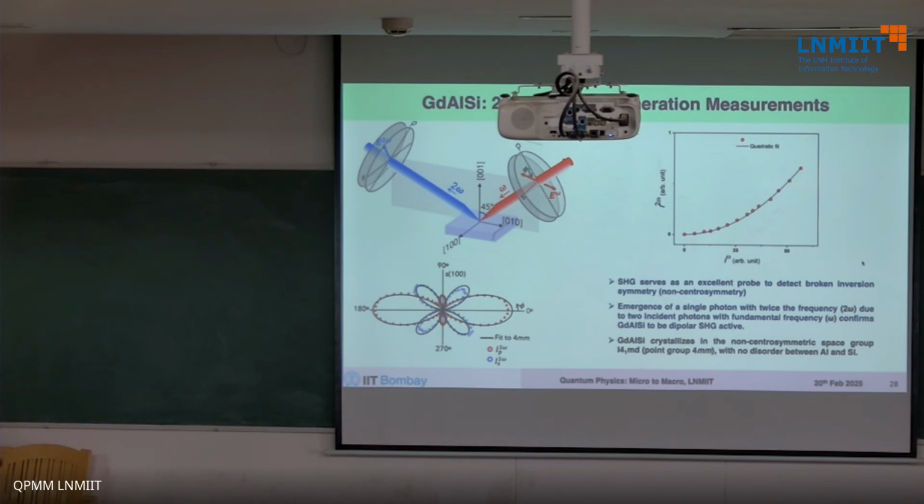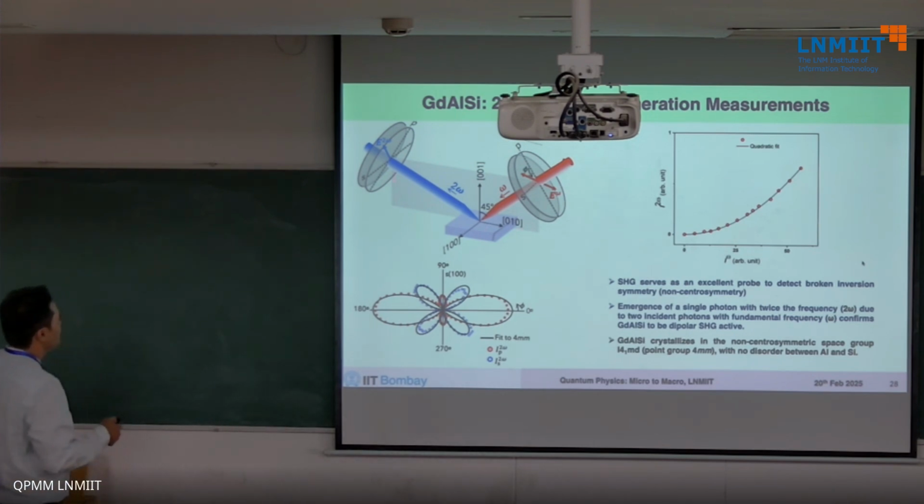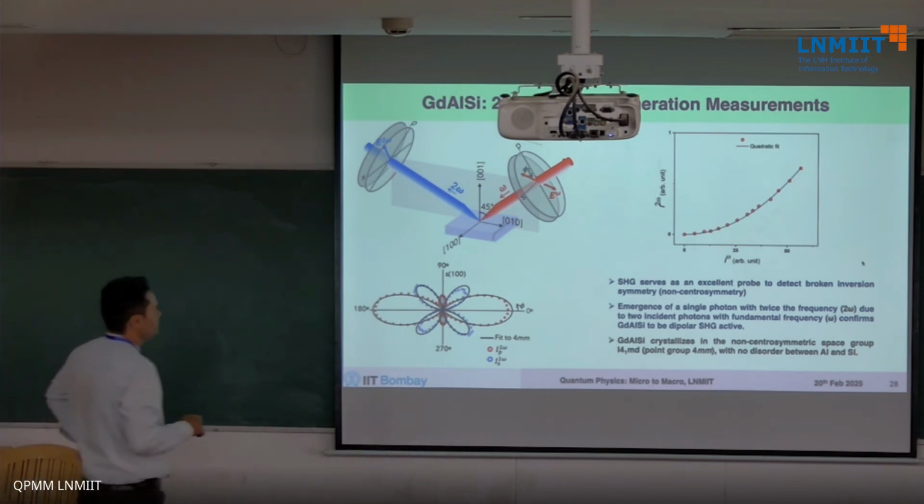In a very layman sense, it's basically non-linear optical measurements, where if you shine two photons with each of frequency omega, it actually gives rise to a single photon with frequency 2 omega.